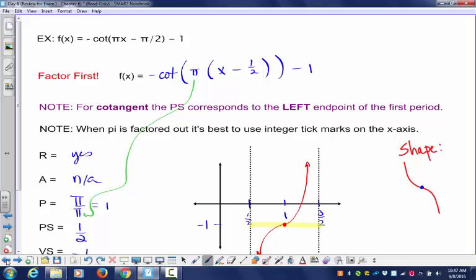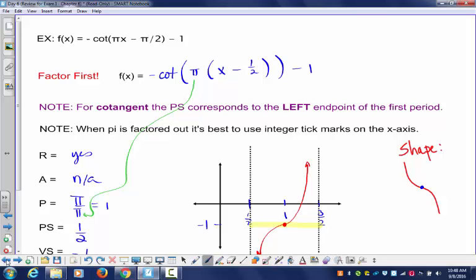And the most common one that I see is this kind of thing. If you have 2x plus pi, if you're going to factor out that 2, it's going to be x plus pi over 2. If you're factoring a constant out of pi when it's not in front of it, you have to introduce a factor of it in the denominator. So that's the most common factoring mistake that I see on this test.